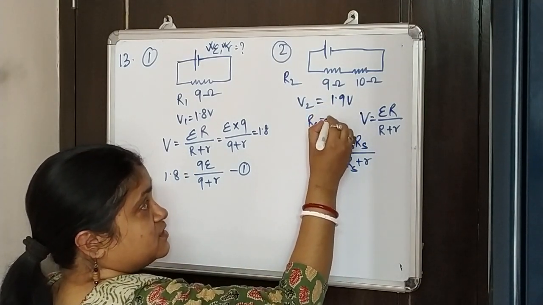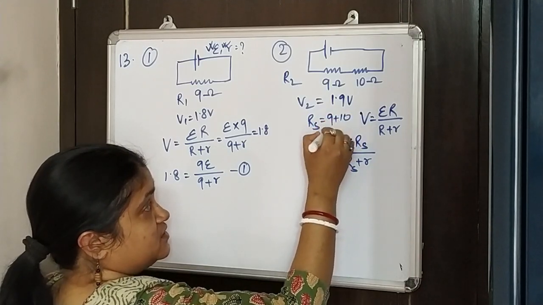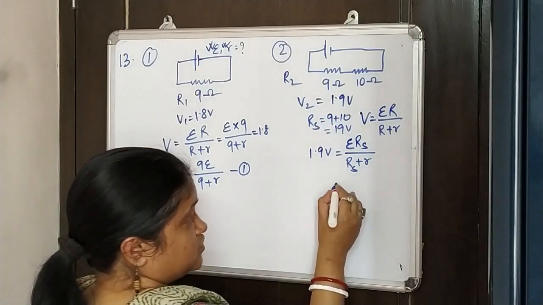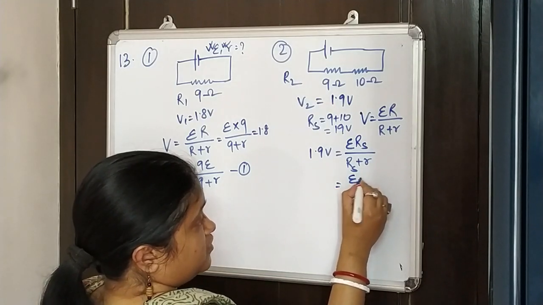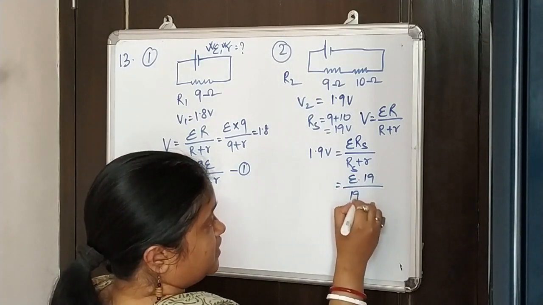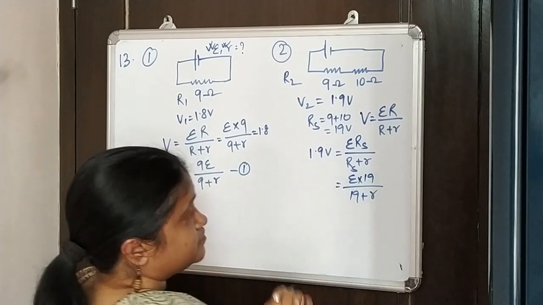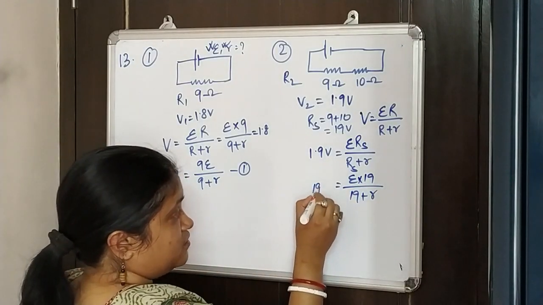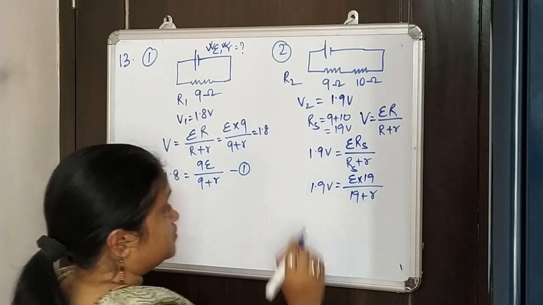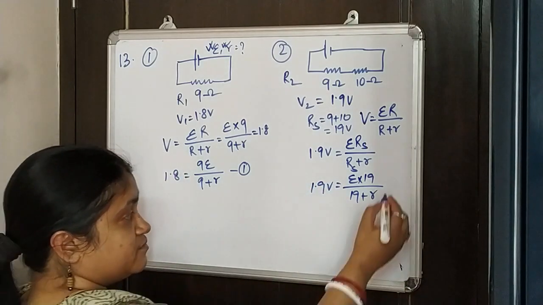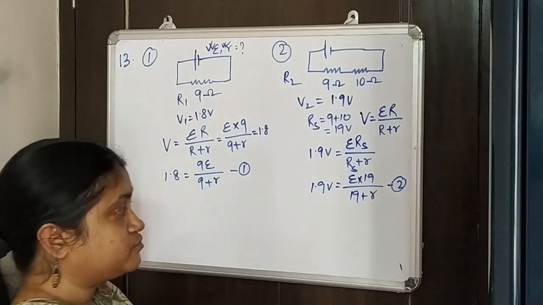RS is 9 plus 10, that is 19 ohm. So substituting, we can write it as epsilon into 19 by 19 plus r, which is 1.9 volt, right?